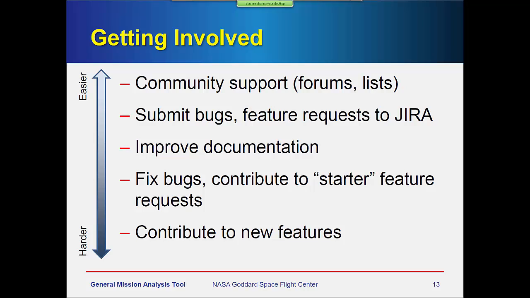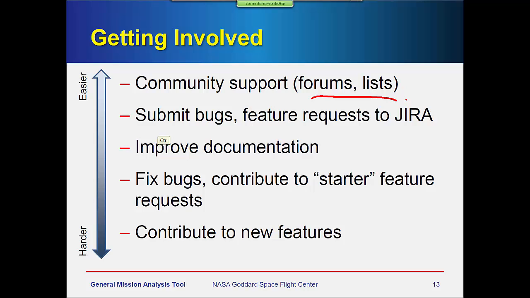In terms of getting involved, this is sort of a new thing I'm emphasizing this time. If at the end of this class you think, well, GMAT's a really cool project, I wish I could do X or Y, or I just want to get involved, how can you do that? Well, the most basic thing is we have forums and mailing lists, and people ask us questions.